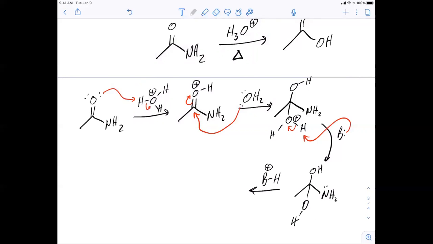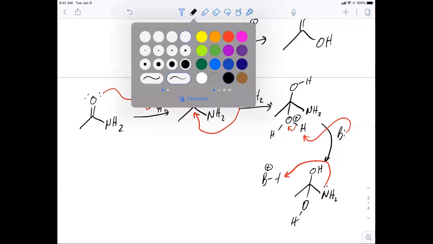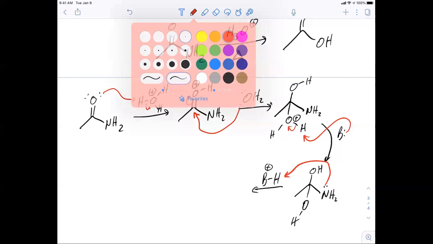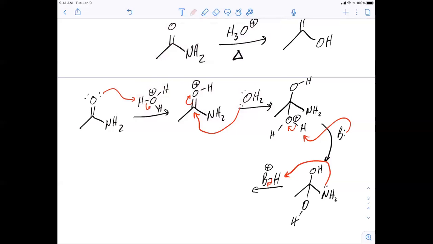Now we're going to get another proton transfer. All right, so the lone pair is going to pick up that proton. Oops, arrow's going the wrong direction. Okay, and then here we have loss of a leaving group.